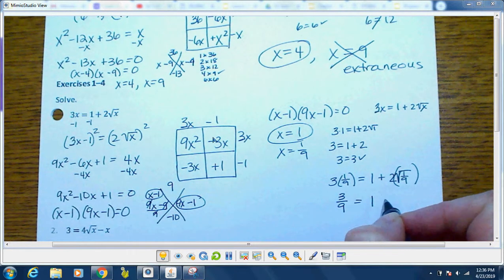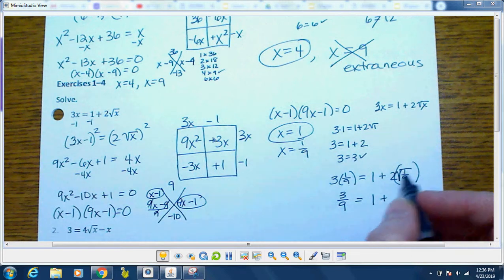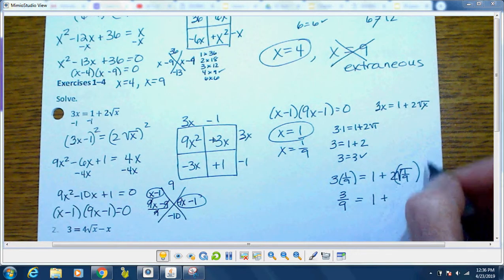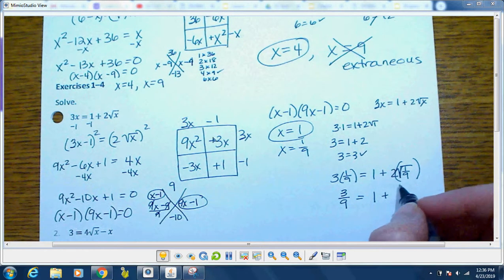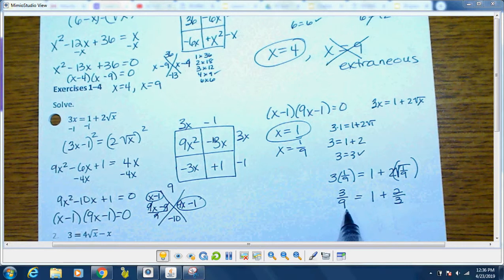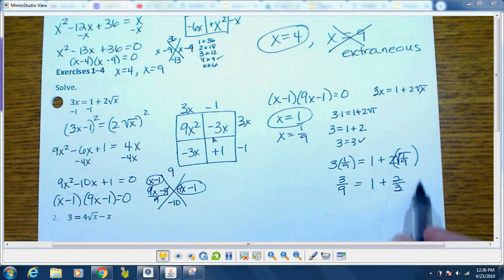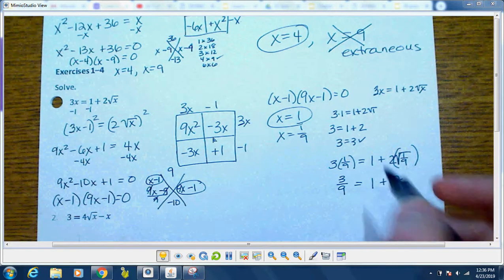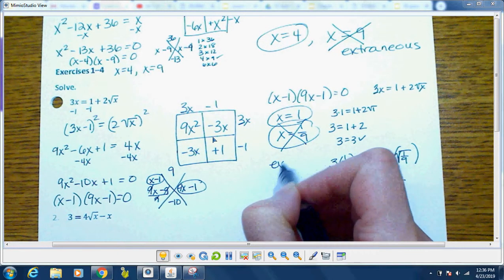The square root of 1/9 is 1/3, because 1/3 times 1/3 is 1/9, so it becomes 2/3. So let's think logically about this. This number is less than 1. It's a fraction. This number is greater than 1. There's no way they can be equal. So this is also extraneous.